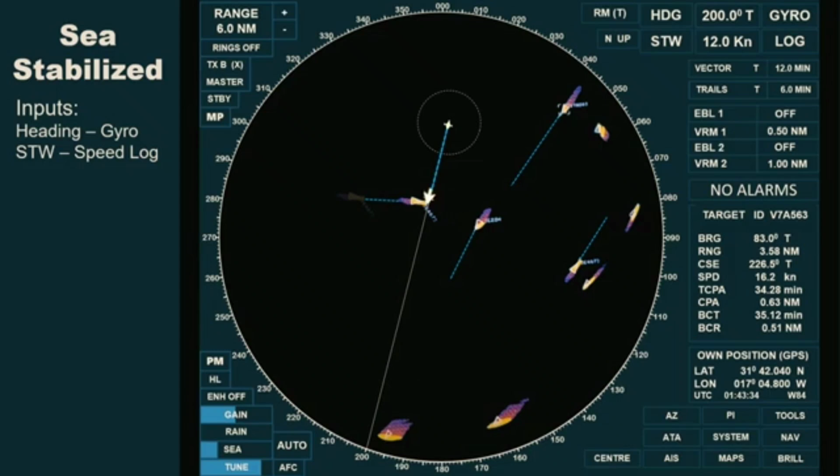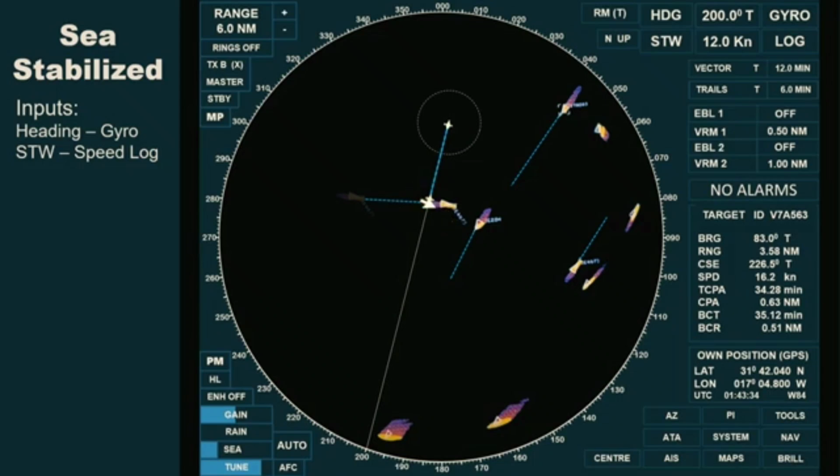This is how we can determine if a risk of collision exists when our radar is in sea stabilized mode and set to true vector. So how can we determine if a close-quarter situation exists, or whether the target will be crossing ahead or crossing astern? Let's assume that this is the target's vector. After 12 minutes, the position of the target is here, and own ship's position is here.